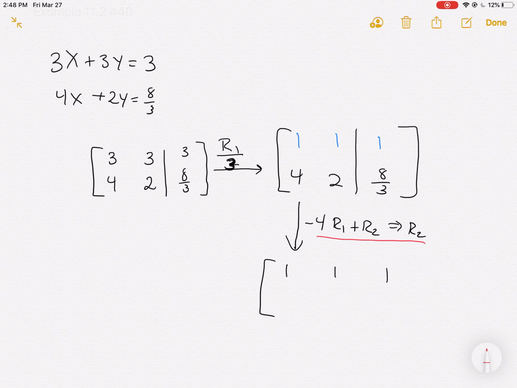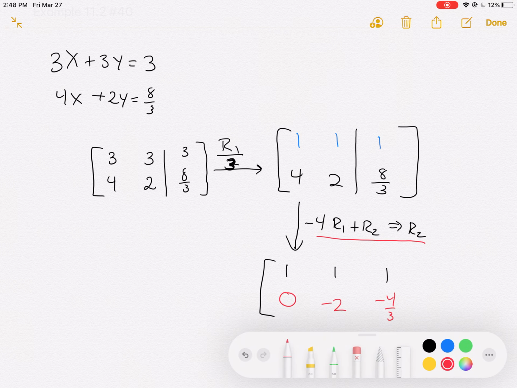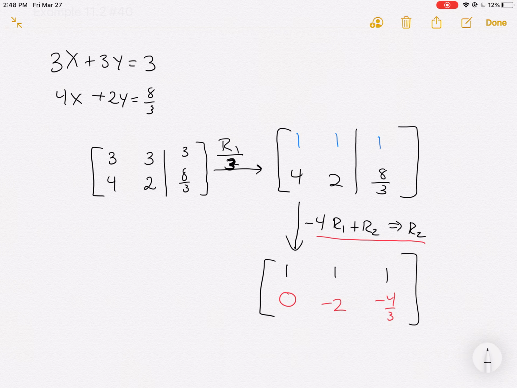So I'm going to take -4 times 1, which is -4, and add it to 4, which is 0. -4 times 1 plus 2 is -2. And -4 times 1 is -4, plus 8/3 is -4/3, is what's coming out of there. Right?